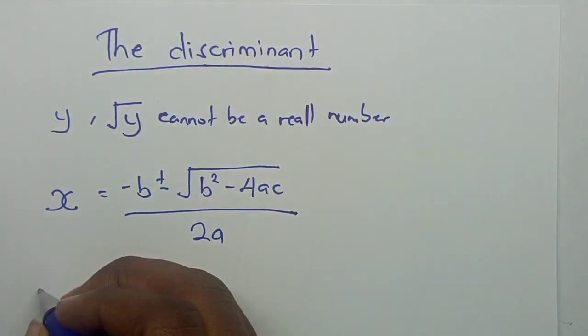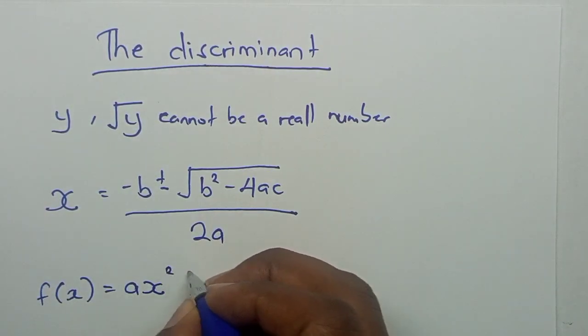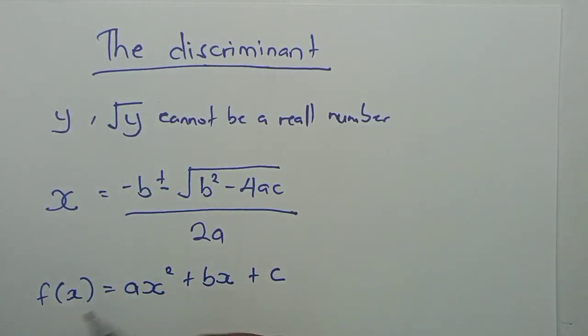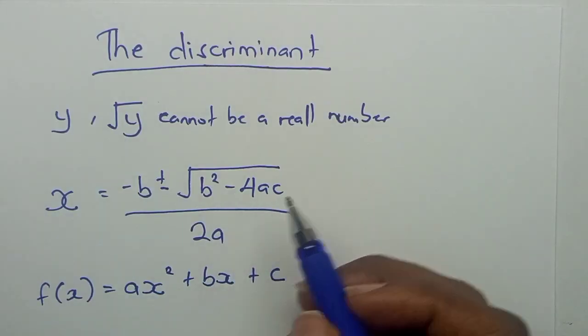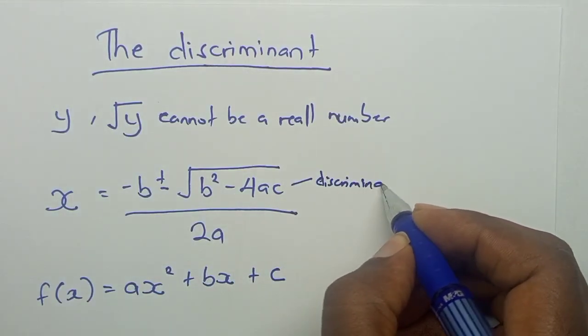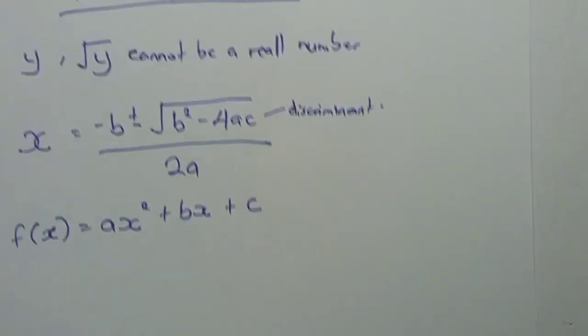So for our quadratic function, f of x equals ax squared plus bx plus c, the expression b squared minus 4ac is what we call the discriminant. Now the value of the discriminant shows how many roots f of x has.